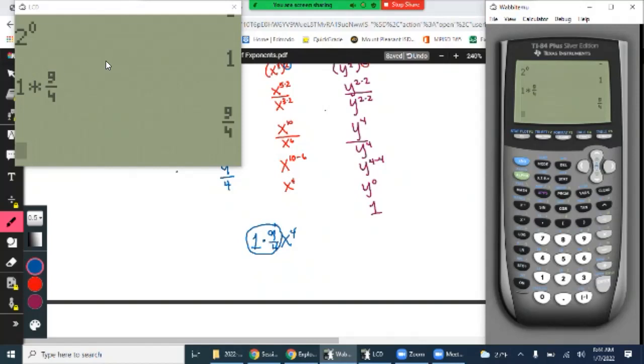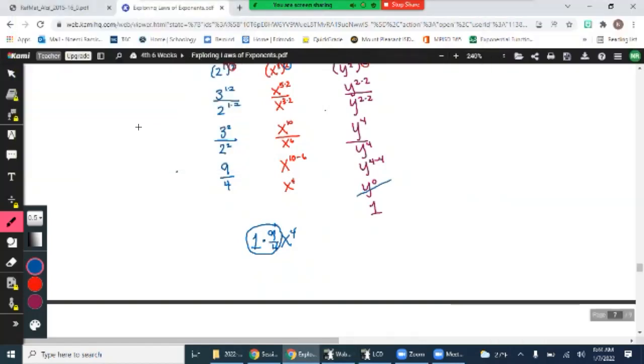The fraction did not change. So it's the same as if this didn't exist. It's the same as if I would have canceled it out back here. So the answer is 9 over 4, x to the power of 4.